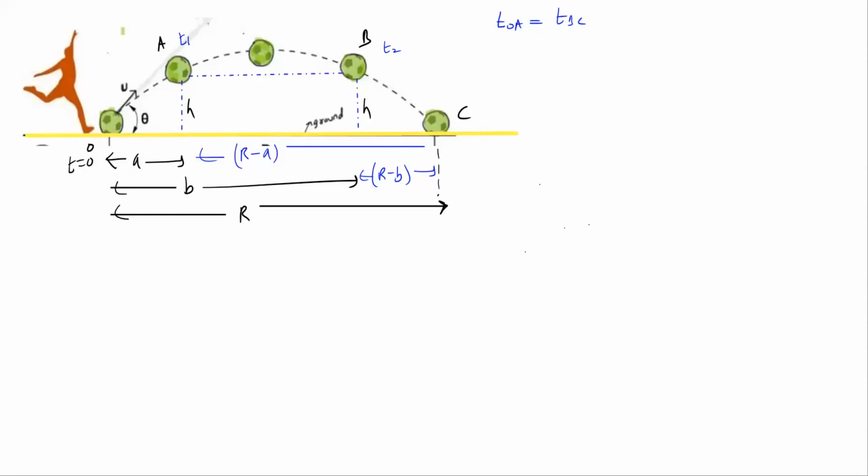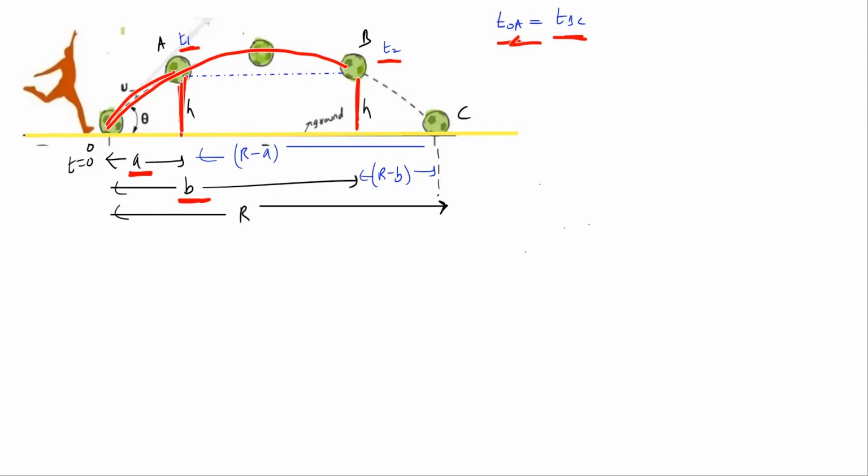At two different instants of time, it will be at the same height. Then this distance is given by A, and let this distance be B. The time taken to move from O to A is T1, and the time taken to move from O to B is T2. And we know that TOA should be equal to TBC.